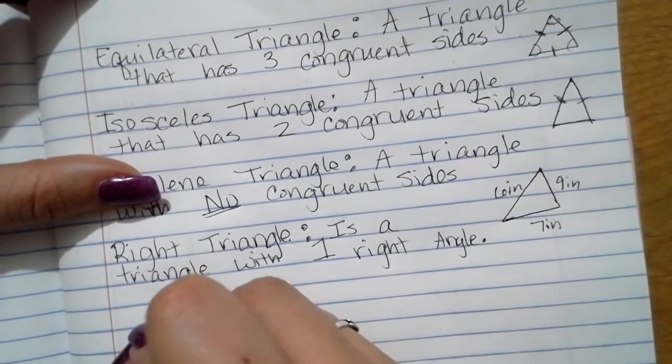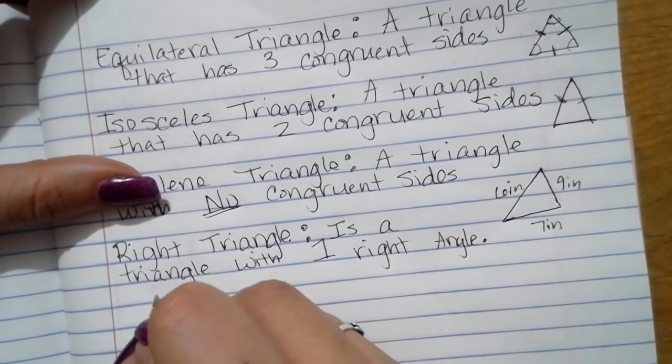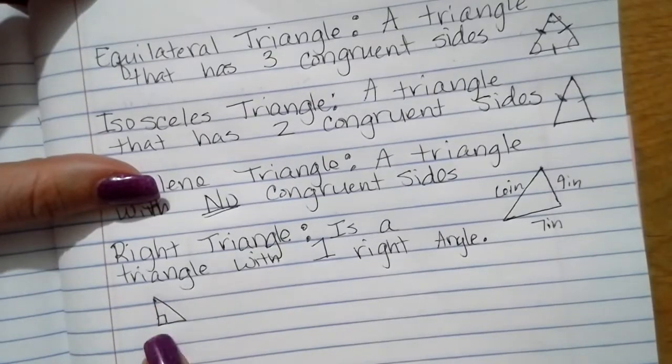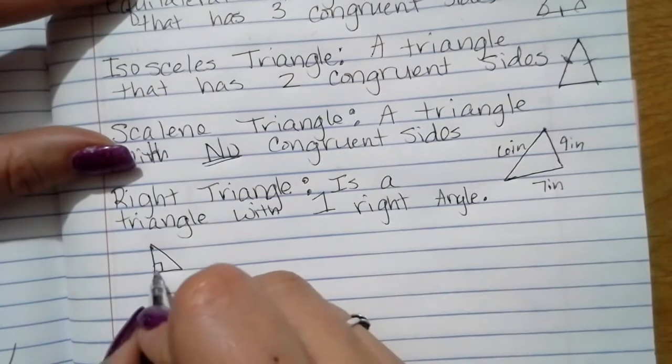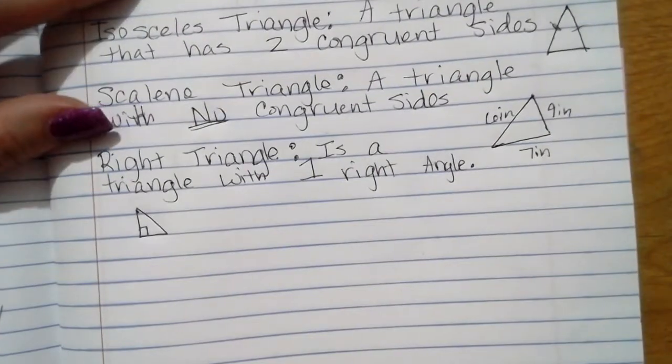Okay, so it's going to look like this. It's going to have that little square in the side of it. So a right angle, right triangle. Okay, that little square means 90.